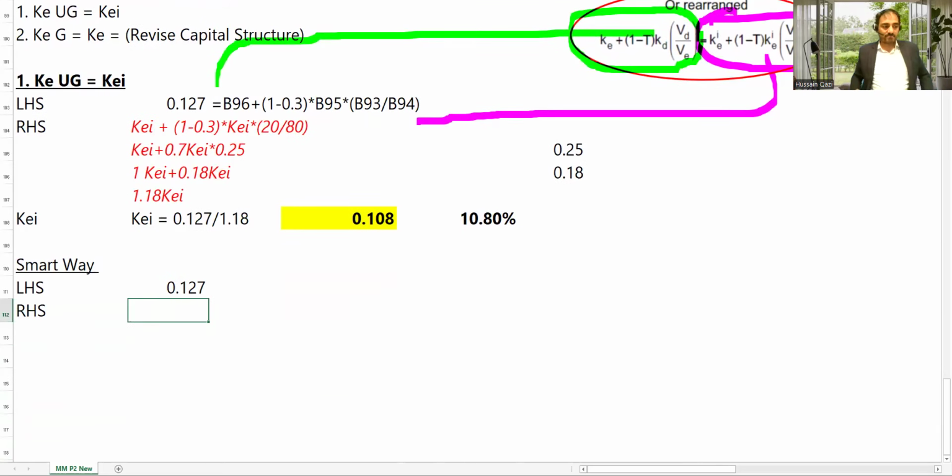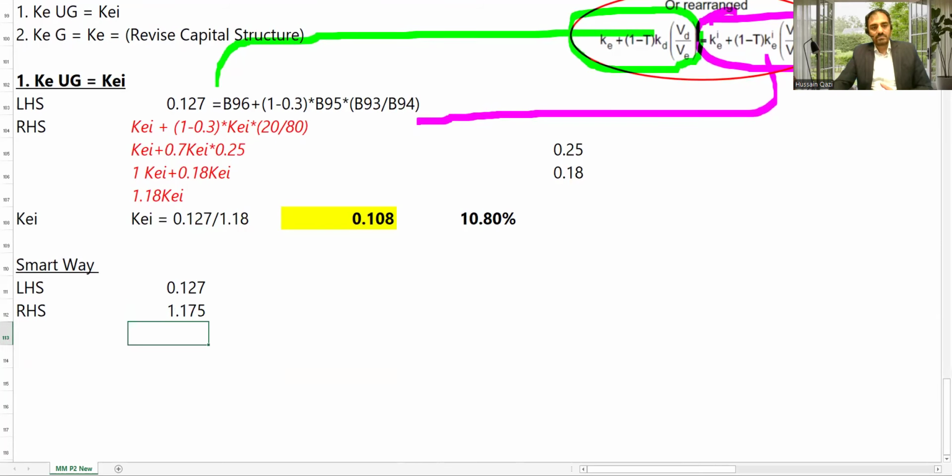Now listen carefully, very basic maths. It is equal to 1 times KEI plus (1 minus 0.3), and you can mention 0.7 directly, multiplied by 20 divided by 80.